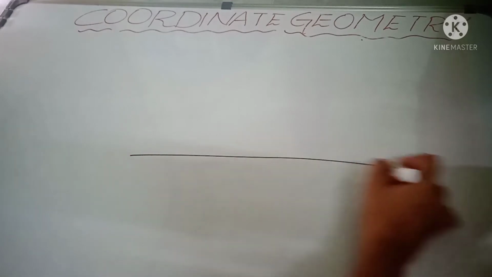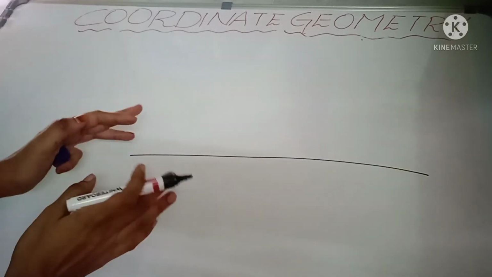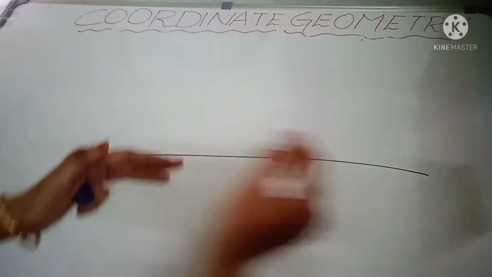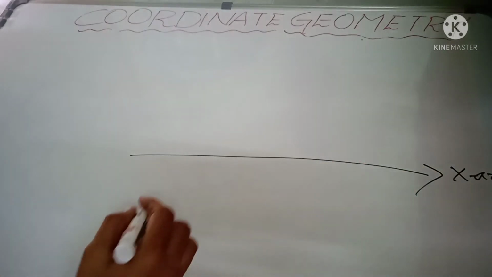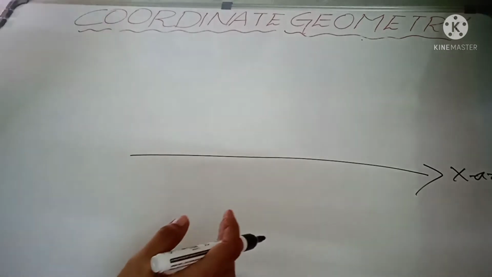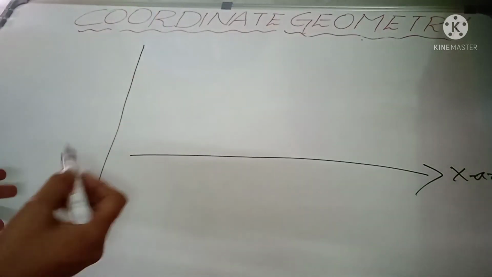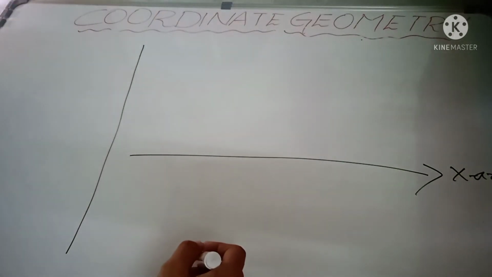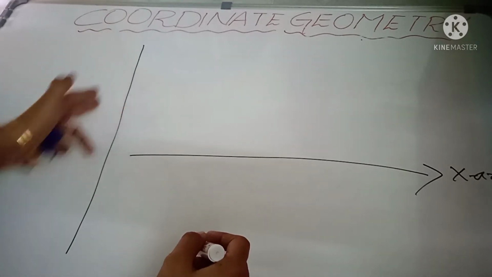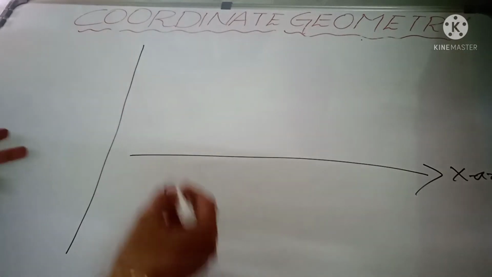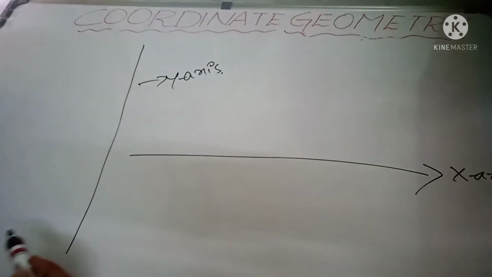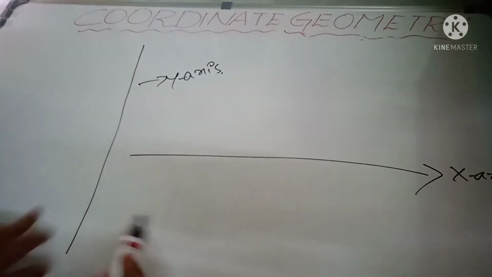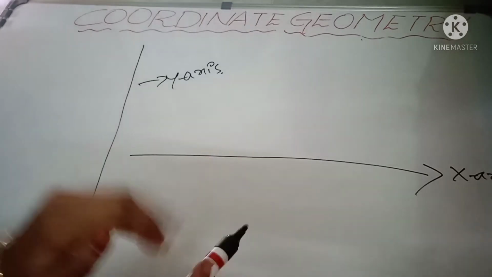The lines which are standing, in a vertical direction, are known as the y-axis. Vertical lines are called the y-axis and horizontal lines are known as the x-axis.